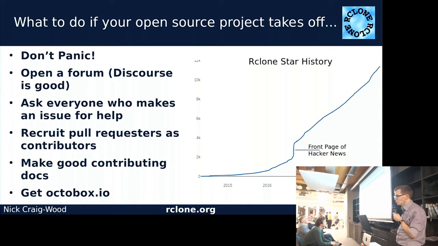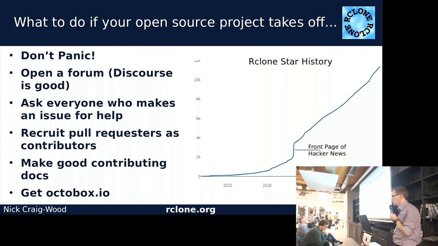So I'm just going to talk briefly about what to do if your open source package takes off. It's easy to get daunted by hundreds of issues, most of which are support requests. So the first thing to do is open a forum and get the users helping themselves. I use Discourse. It's free and easy to set up and maintain. Don't be shy of asking users who make issues for help.